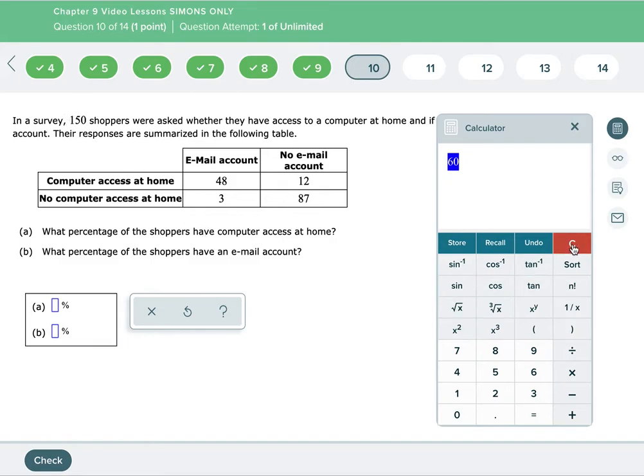So you're going to go 60 divided by 150, and if I'm doing my calculation right, it should be 0.4, but nope, what am I doing? Let's just hit equals. No. All right, 60 divided by 150, try that again, equals, yeah, 0.4, so 4/10.